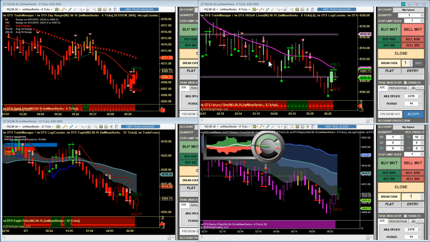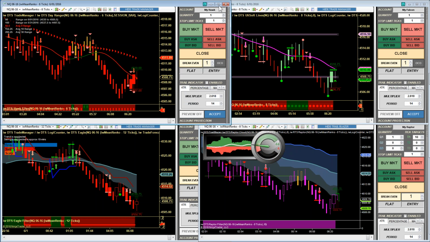Top right is the Falcon Swing Trader. Bottom left is the Eagle Trend Trader, and the bottom right is the Raptor. Now the Raptor is the latest addition to the DTS family, and it actually incorporates elements of the other three tools all into one trading system.